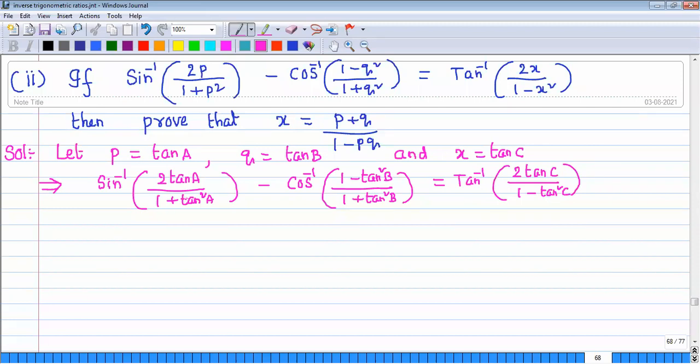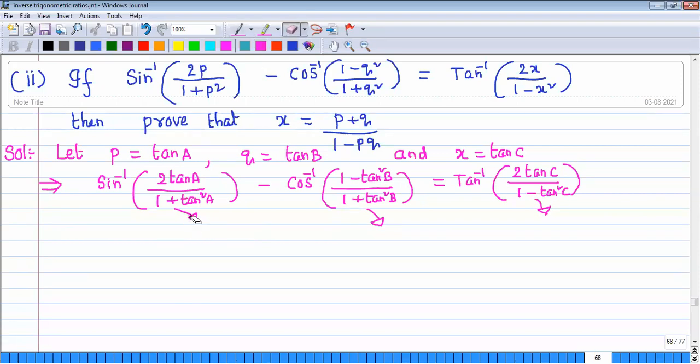So this becomes sine 2A, this becomes cos 2B, and this becomes tan 2C.